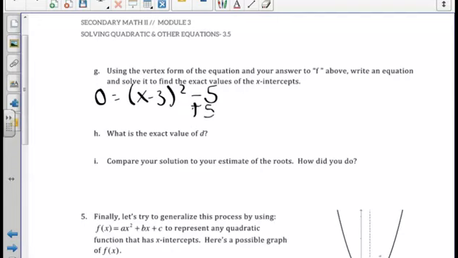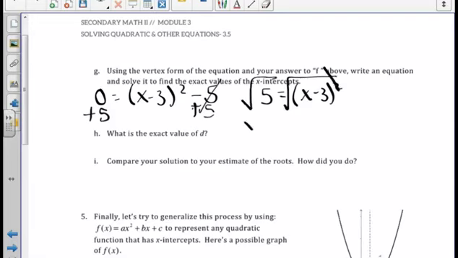Our goal is to get x by itself, so we're going to add 5 to both sides first. We will get 5 equals the quantity x minus 3 squared. Mathematically, to undo a square, we have to take the square root of both sides. Those will cancel and we'll be left with the square root of 5 equals x minus 3.